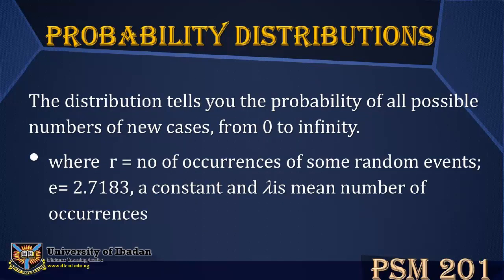The distribution tells you the probability of all possible numbers of new cases from 0 to infinity, where r is equal to the number of occurrences of some random event, e is equal to 2.7183, a constant, and lambda is the mean number of occurrences.